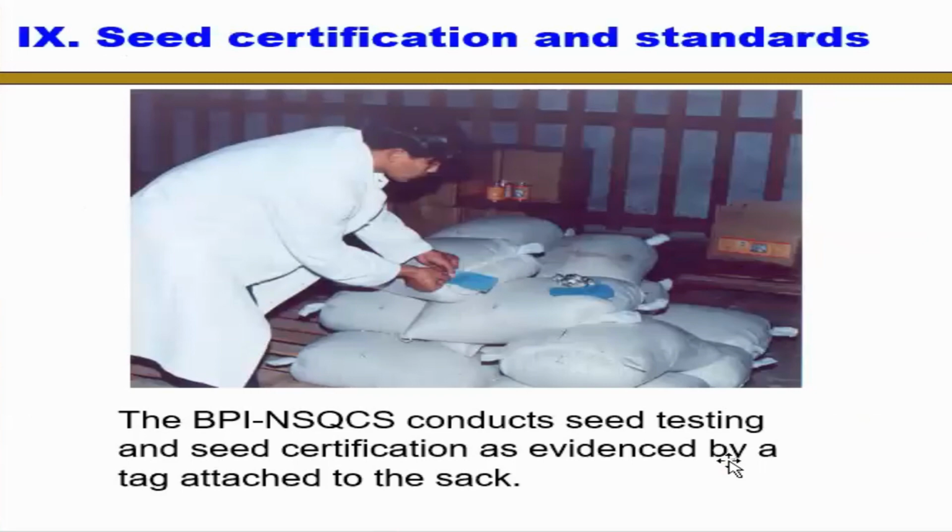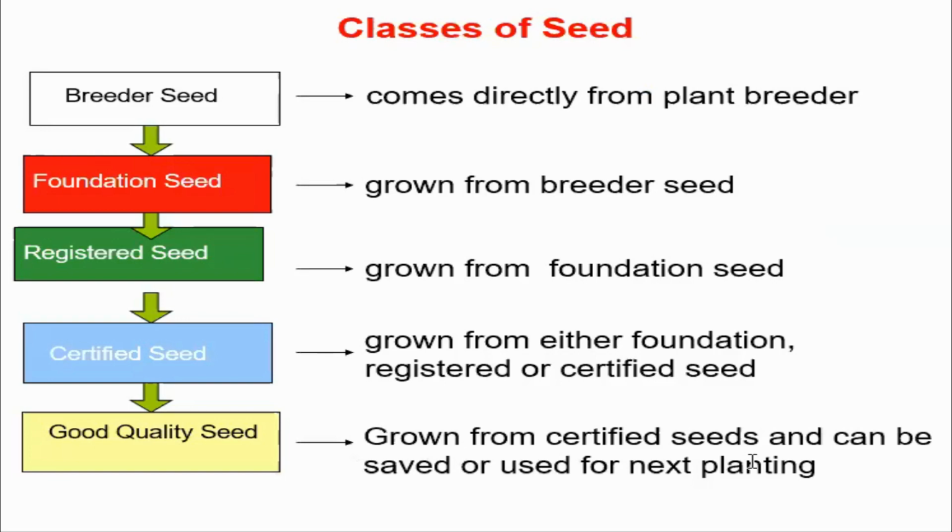Okay, this is a simple diagram for when you want to go into seed production. We can get the breeder seed from different breeding institutions like the Institute of Plant Breeding in Los Baños.